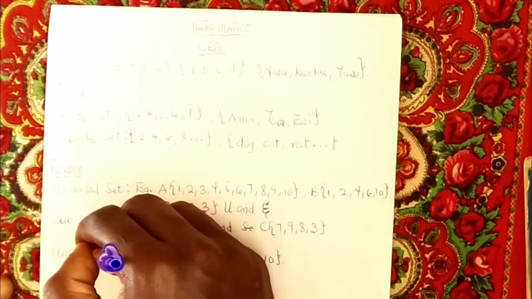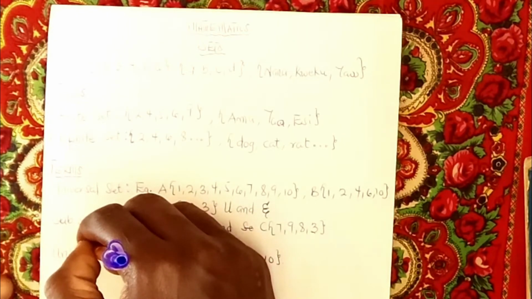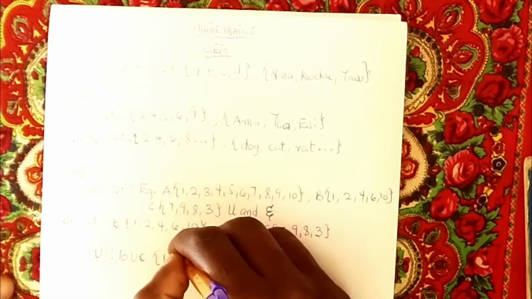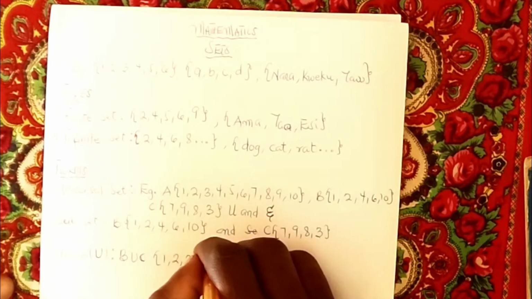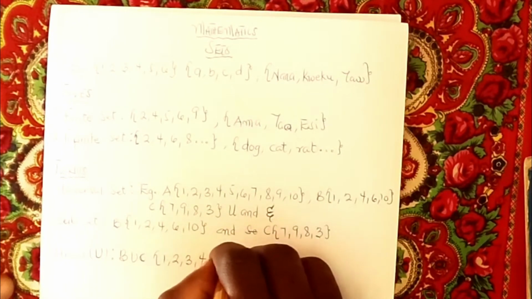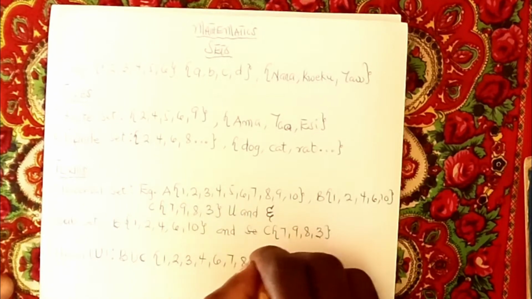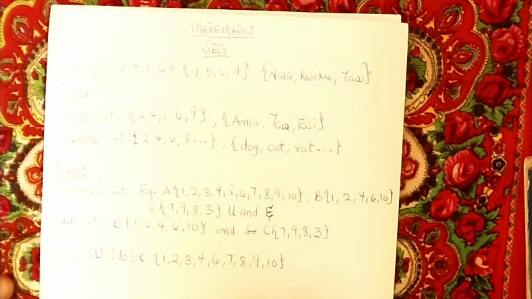Using the example used in the universal set, which has set A, set B, and set C, let's unite set B and set C. Therefore, we have elements of 1, 2, 3, 4, we don't have 5, so we have 6, 7, 8, 9, and the last one to be 10. The union unites both set B and set C, which has to be in a sequential order.